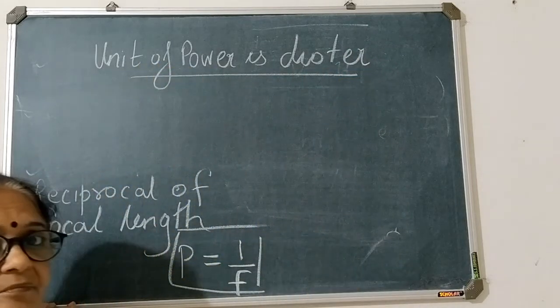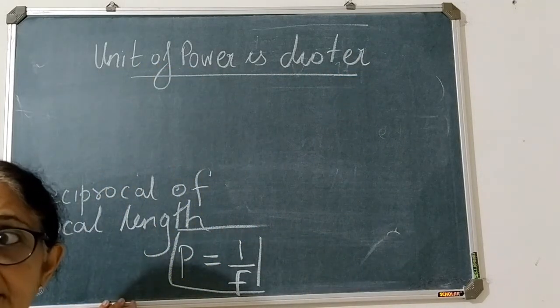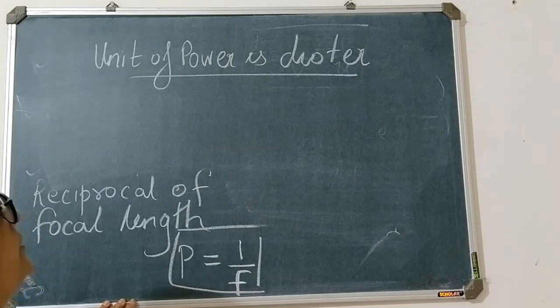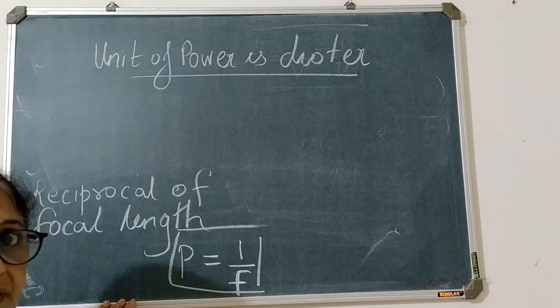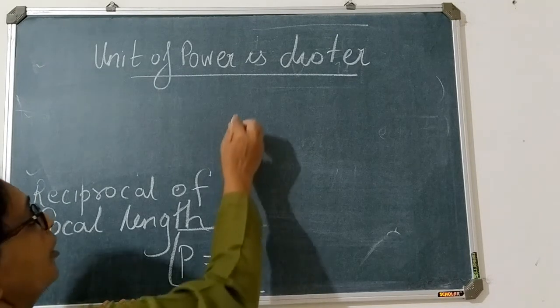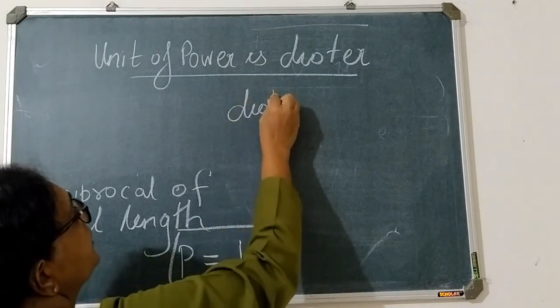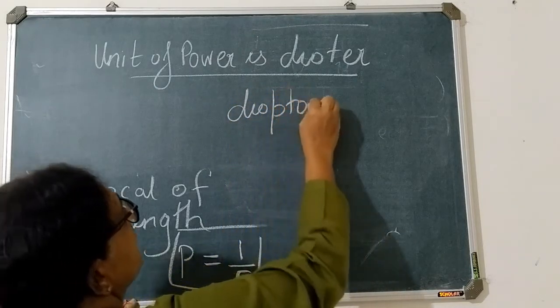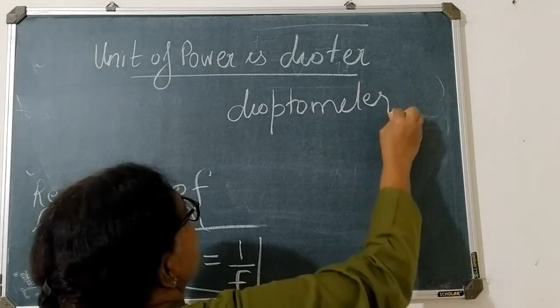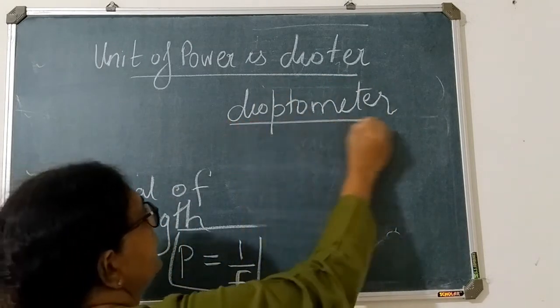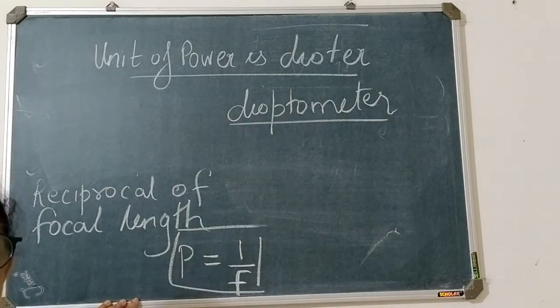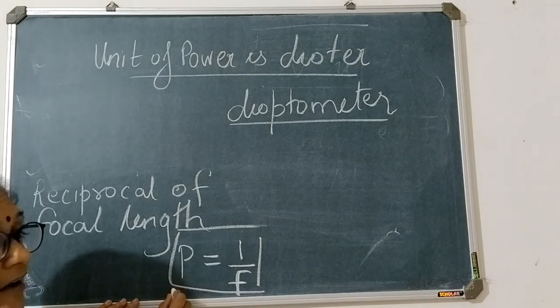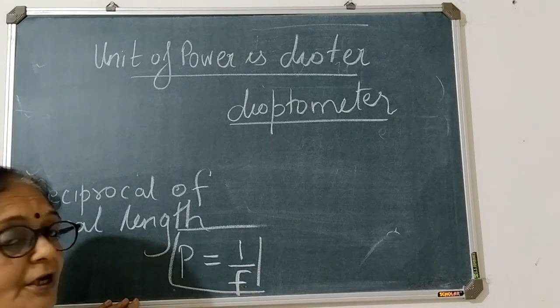Okay, and the instrument used to measure this is called a dioptometer. So if we want to do numericals based on power, this is the formula you are going to use.